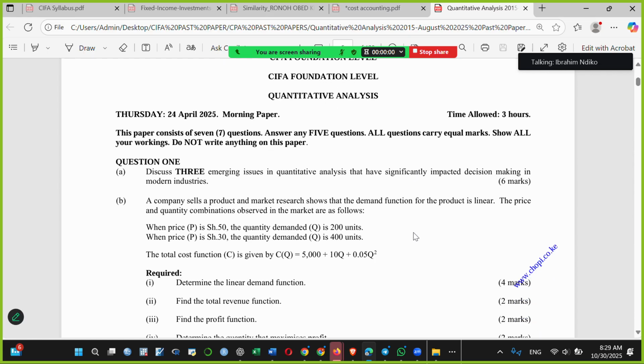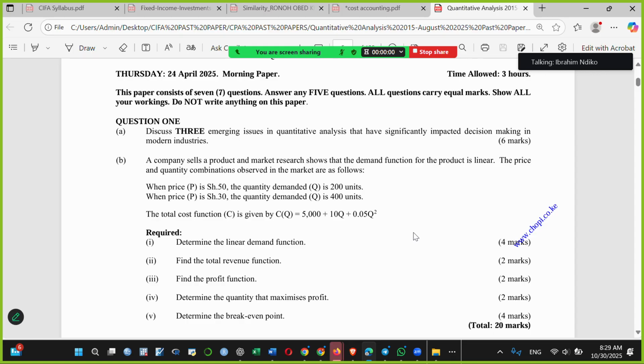So April 2025. The question is question number 1B. A company sells a product and market research shows that the demand function for the product is linear. So linear meaning it only has 2 points. The price and quantity combination observed in the market is as follows.